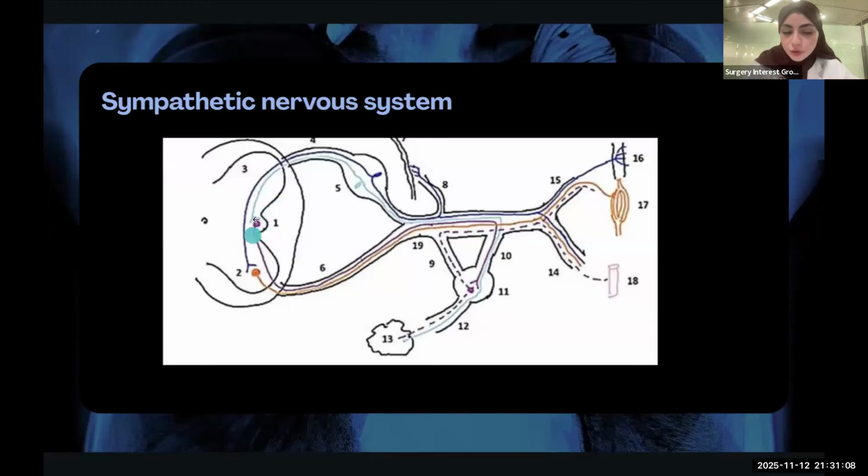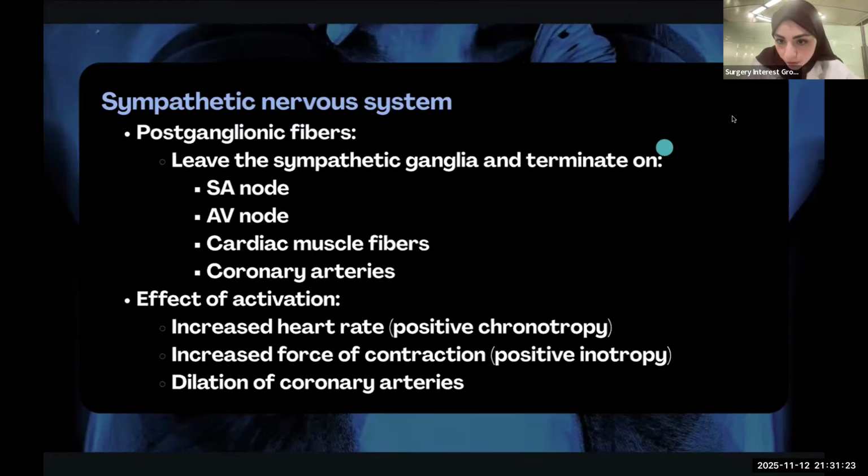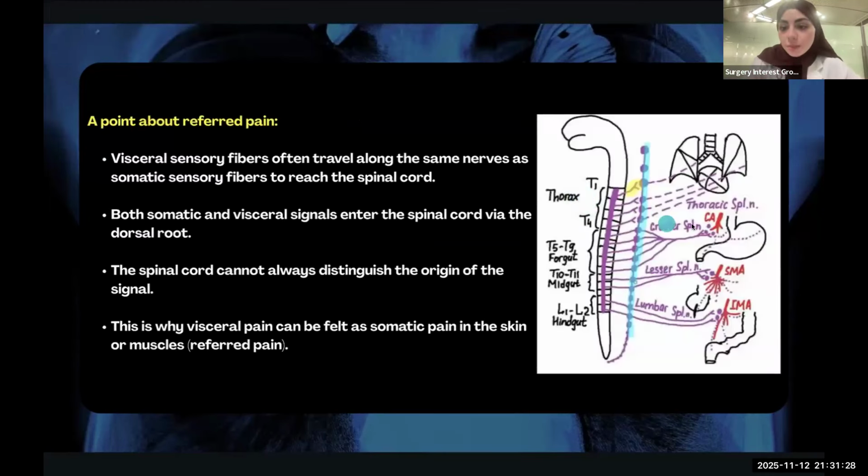This is the lateral horn that we said is only found from T1 to L2, okay? So we're going to have the neurons here, because it's at the central nervous system. And then we're going to have these specific neurons for the heart. Let me show you the picture. Okay, yeah. Not all of T1 to L2 is supplying the heart.